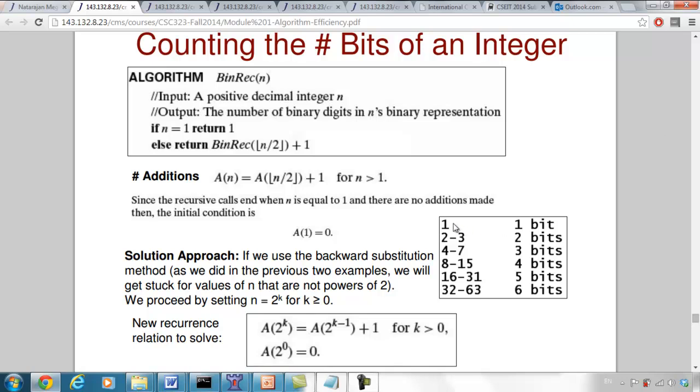For example, we are interested in positive decimal integers, so things start from 1. To represent 1, it's just 1 bit. For 2 and 3, it is 2 bits.